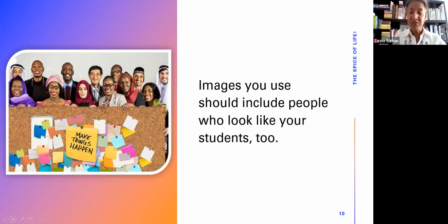If you're using images to represent people, we need to think about the images that we use. They should look like the people in your classroom. Yes, we're dealing with English as a foreign language. We're dealing with English. But does everything have to be from an English perspective?